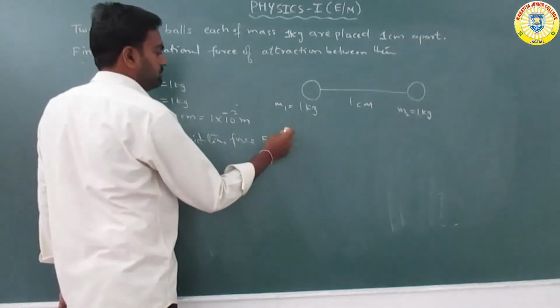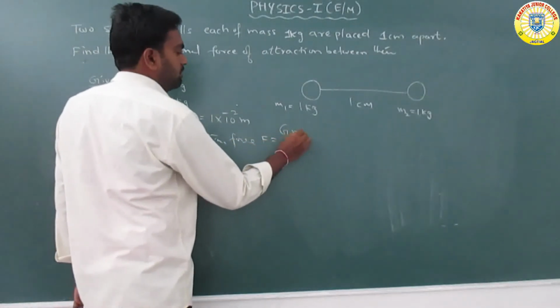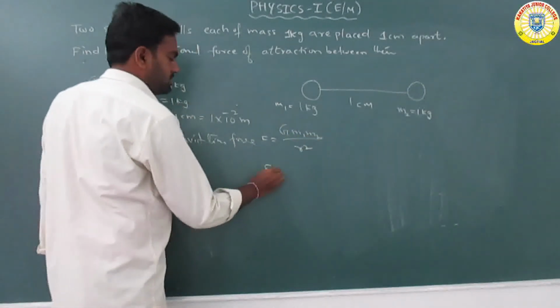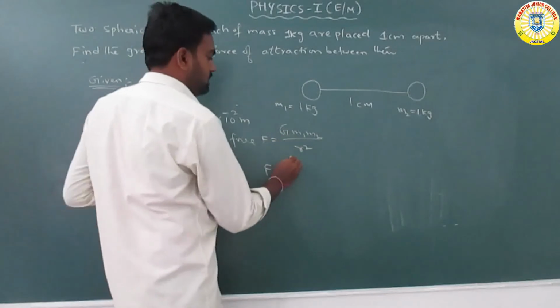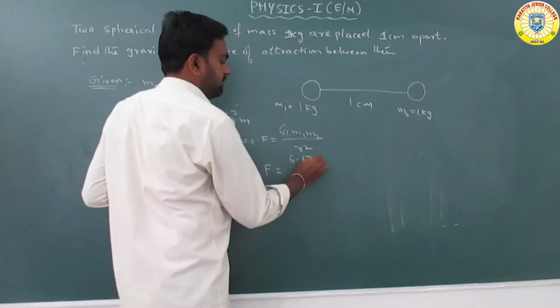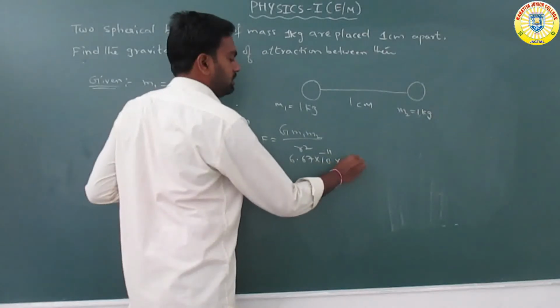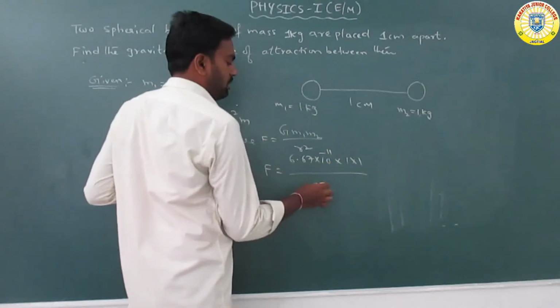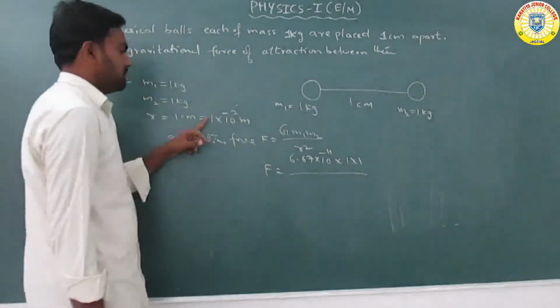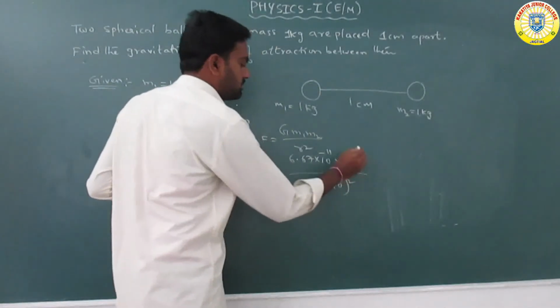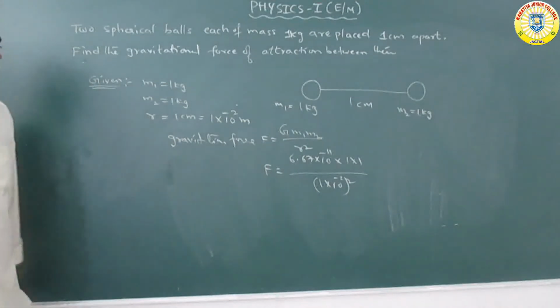F is equal to G m1 m2 by r square. G is 6.67 into 10 to the power of minus 11, into m1, 1, m2, 1, by r square. R square means 1 into 10 to the power of minus 2 whole square, which is 10 to the power of minus 4.